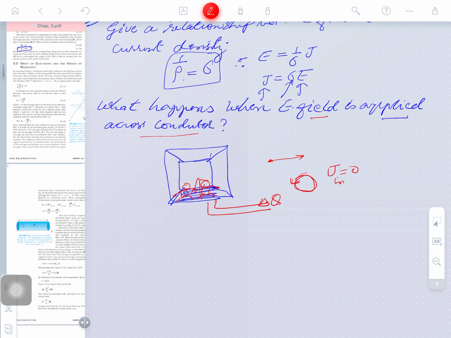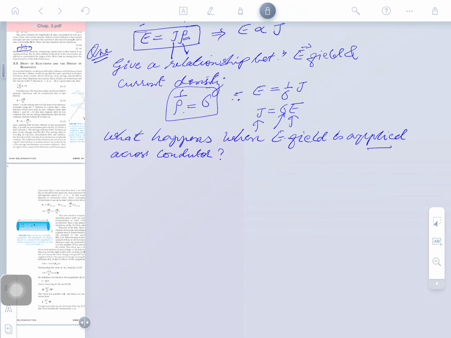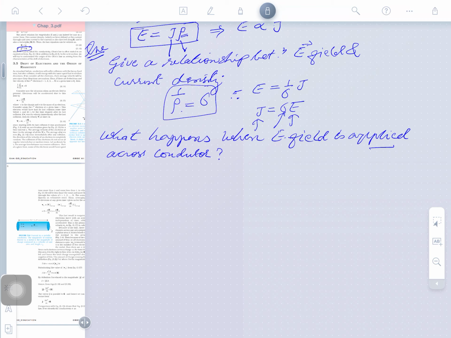Actually the field will set them into accelerated motion. This is called drifting, and the velocity acquired by an electron is called the drift velocity. It means on applying the potential difference across the conductor, the electrons start drifting.